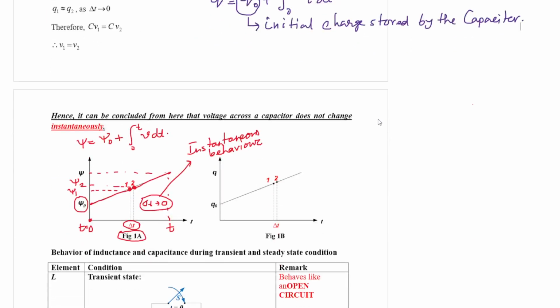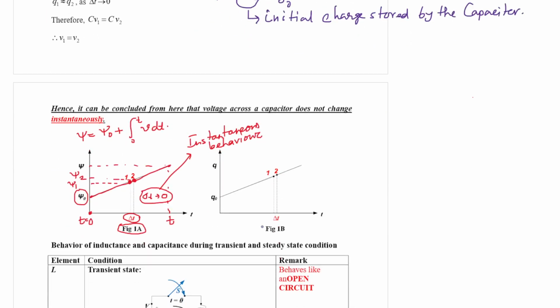Again, if you consider figure 1b, we can represent a similar sort of analysis. We have started with some initial charge, and over some time t, the final charge builds up to q, where the initial charge was q0 at t equal to 0.